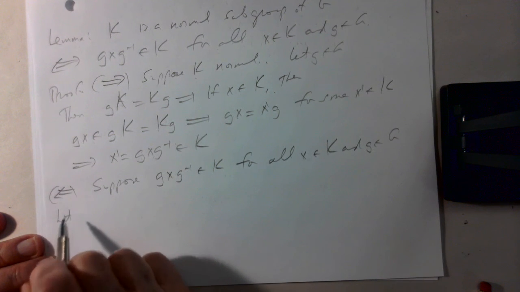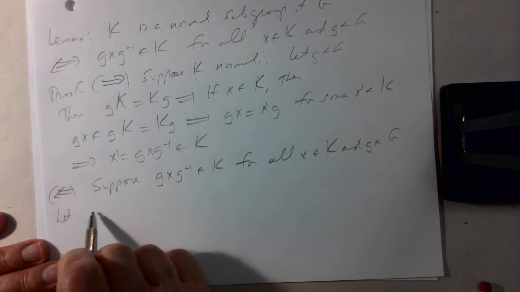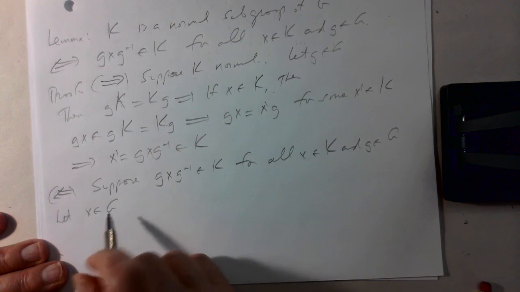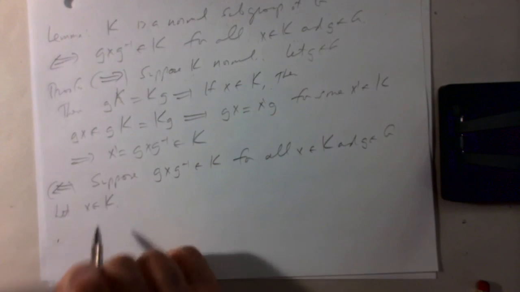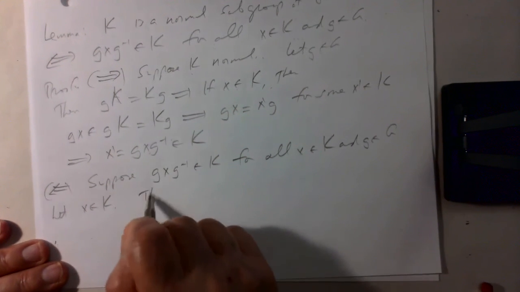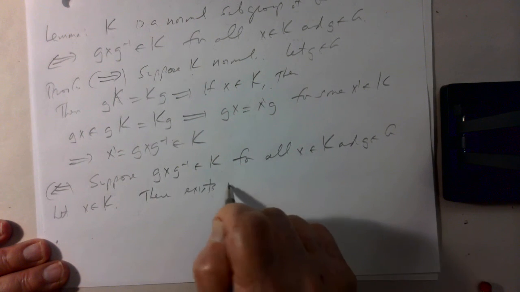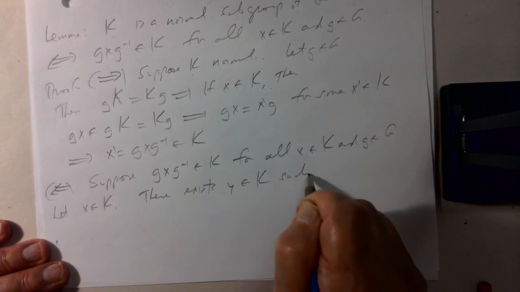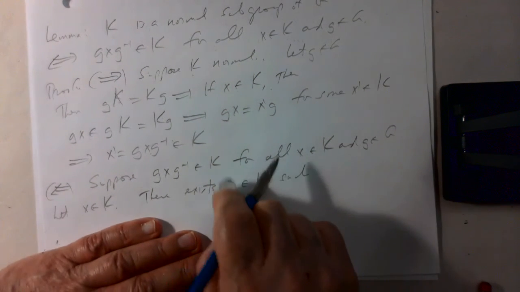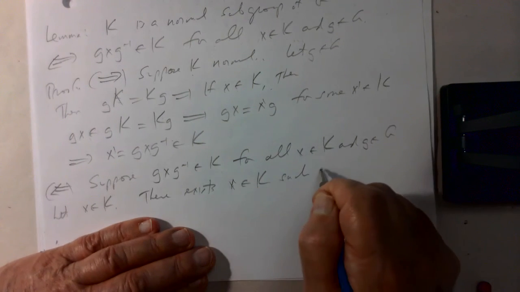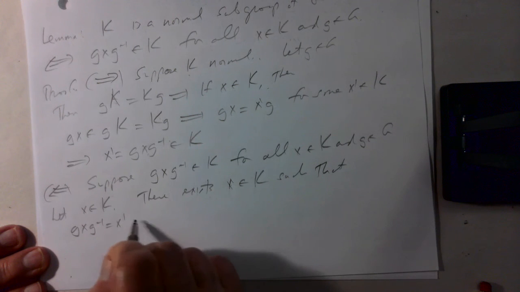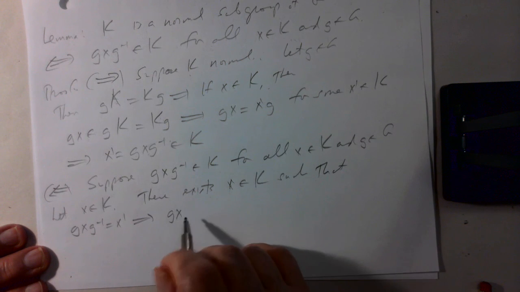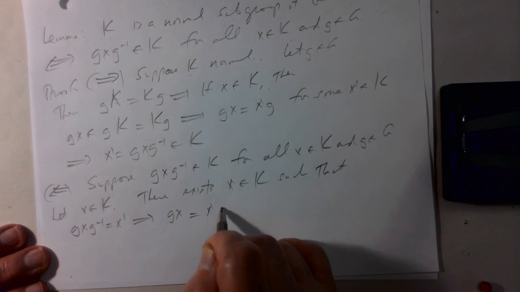Let x be in K. There exists an x prime in K such that gxg inverse equals x prime, which means, if I multiply on the right by g, gx is x prime g.